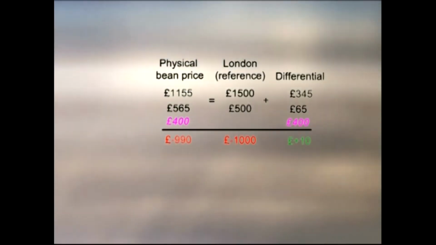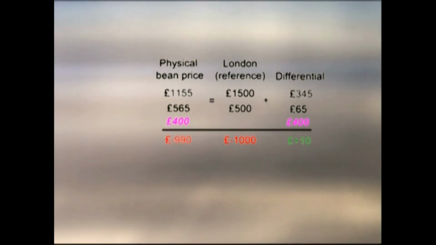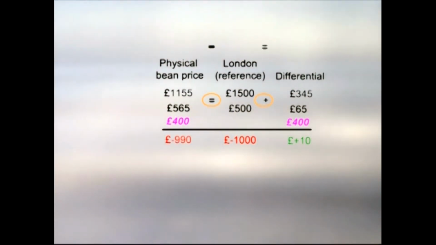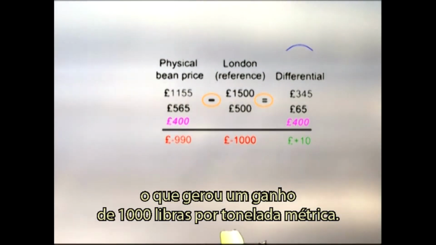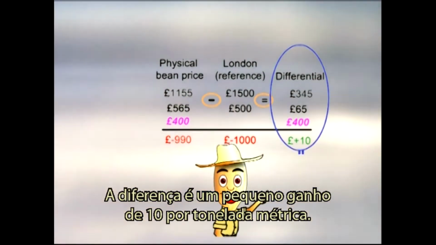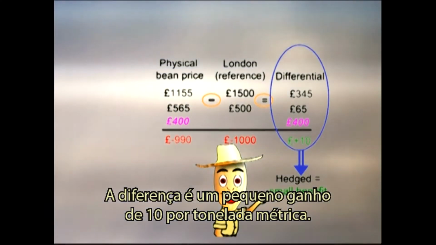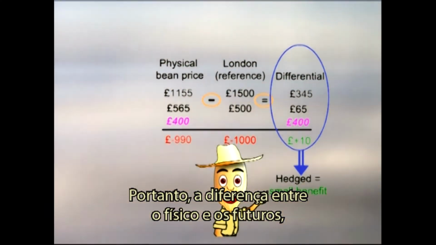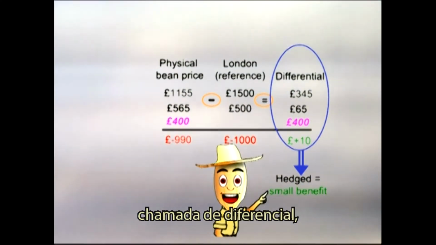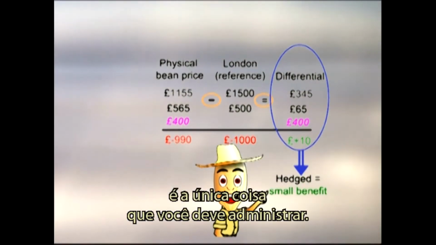By hedging, we sold and bought the futures at 1,500 and 500, which gave a gain of £1,000 per metric ton. The difference is a small gain of 10 per metric ton. So, the difference between physical and futures, called the differential, is the only thing you have to manage.